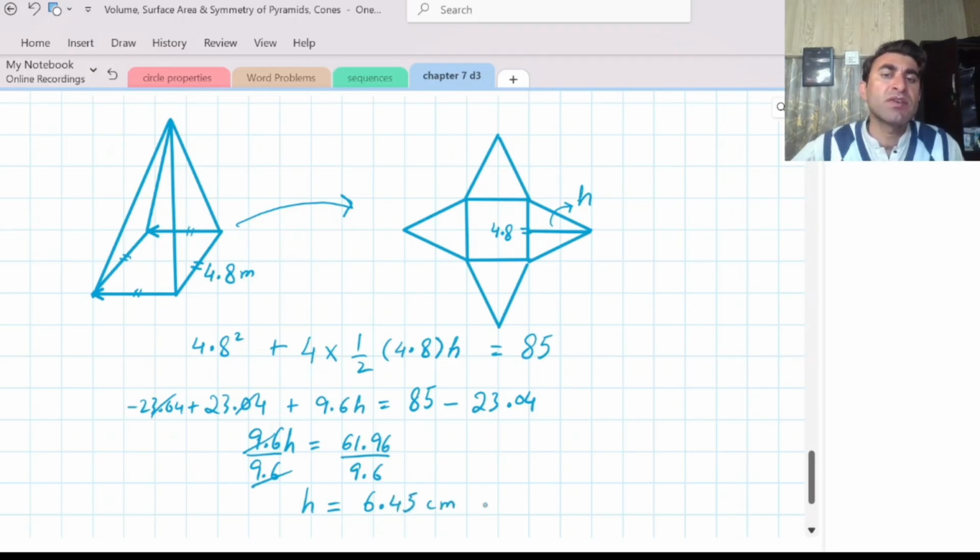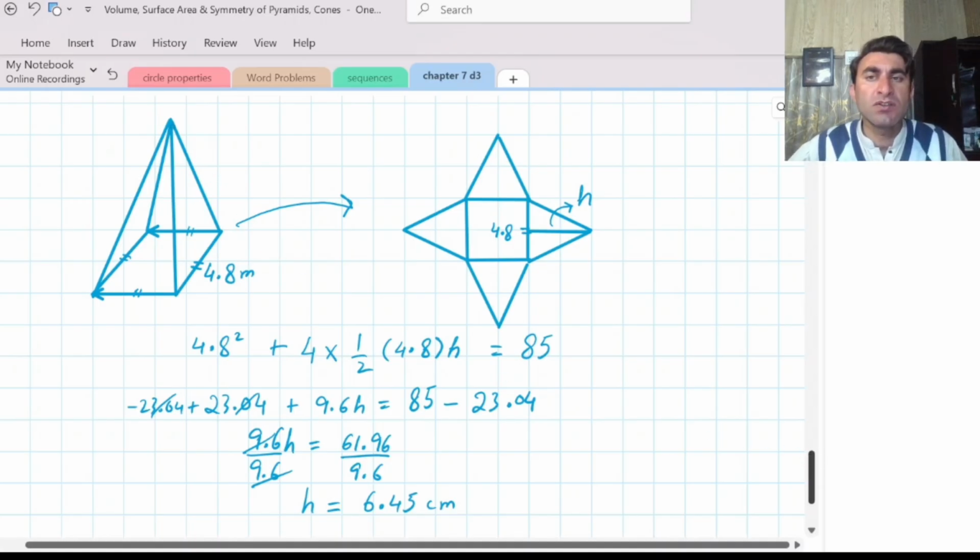So this is the value of slant height. This is not the height. As we know, the slant height is located over here.